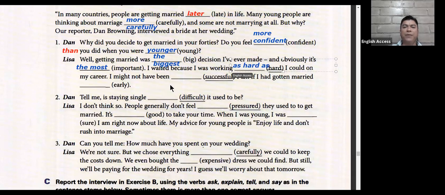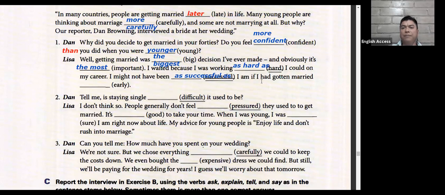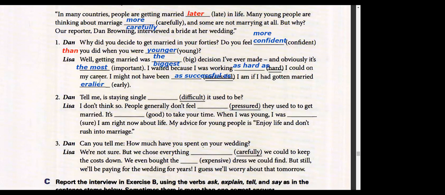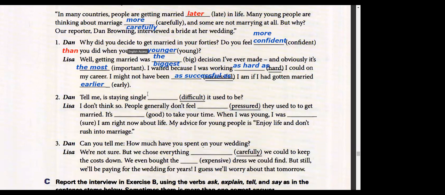I might not have been as successful as I am if I had gotten married earlier. Earlier. Very good. Oh my gosh. Very good. And number two. What do you have for number two? As difficult as.